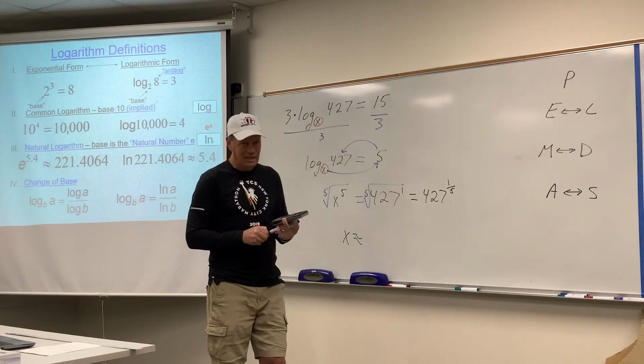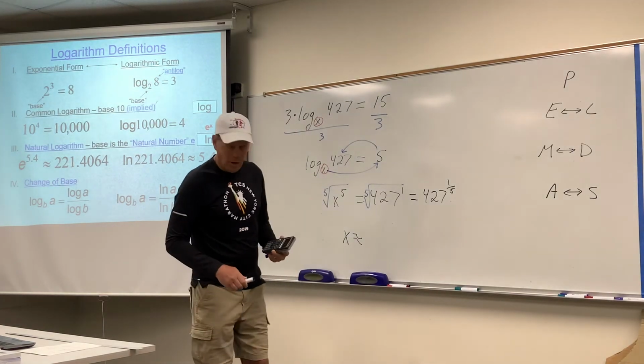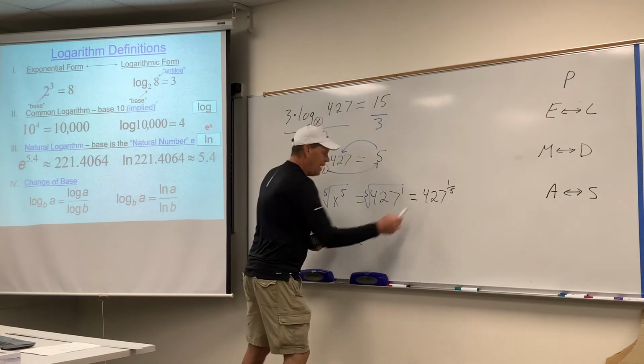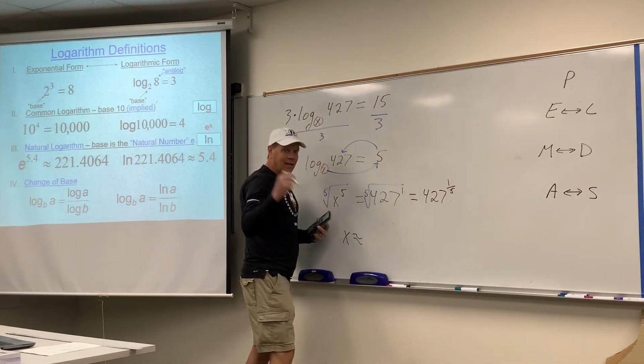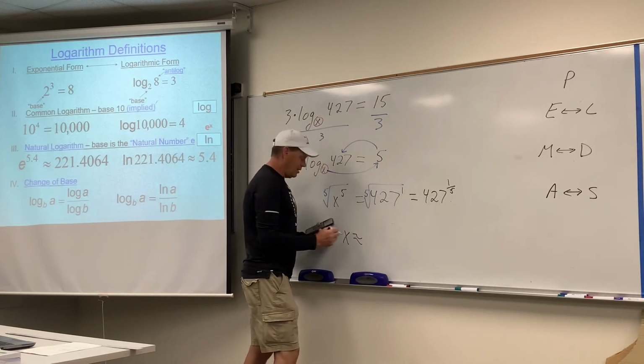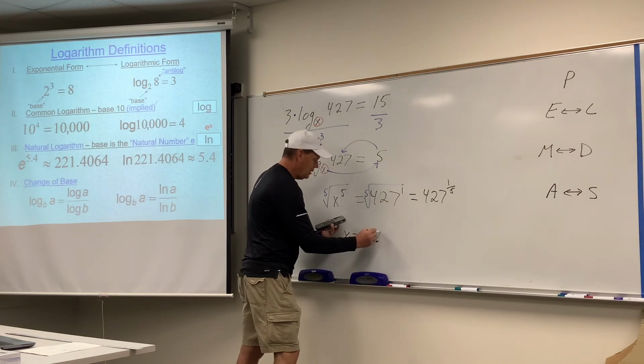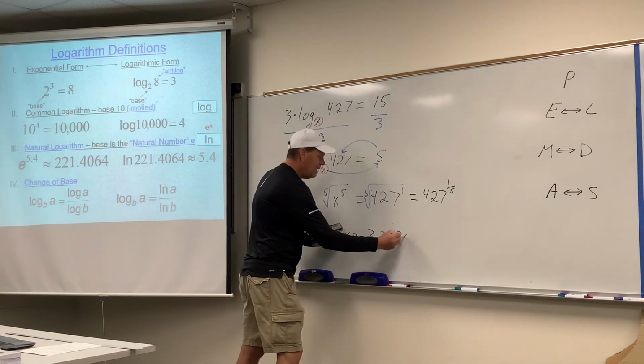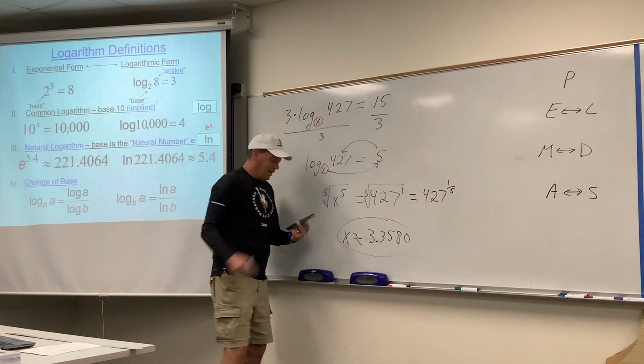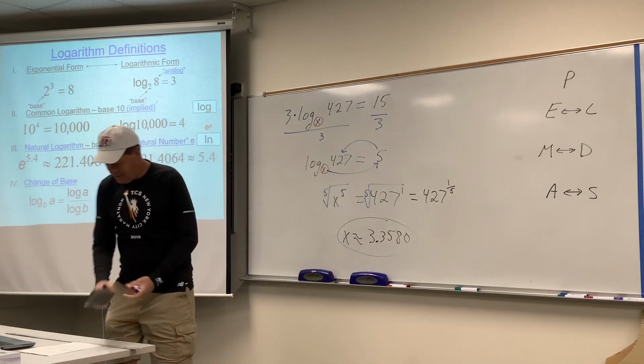We talked about this again on assignment number 12. And so putting that in a calculator and then rounding it to 4 places as instructed, 3.3580, bang. All right, so there's your x.